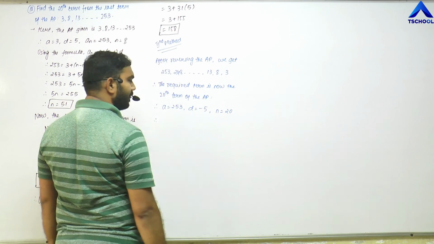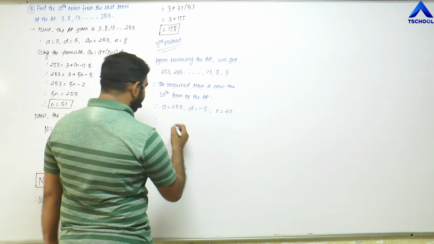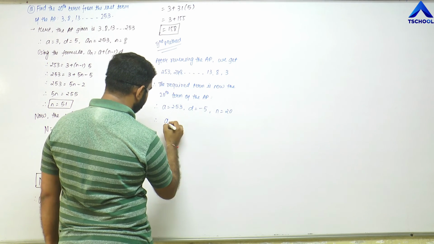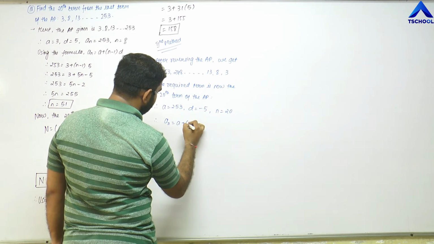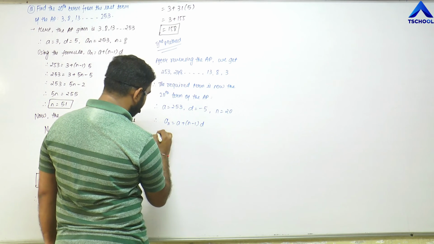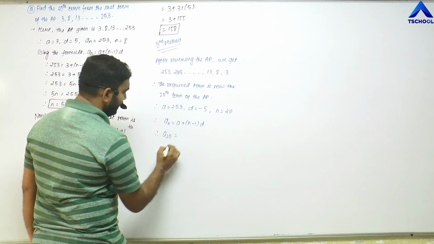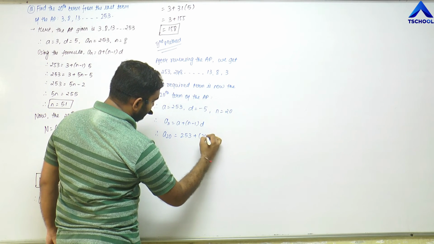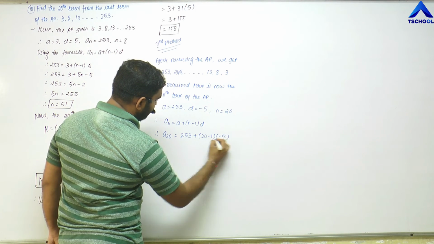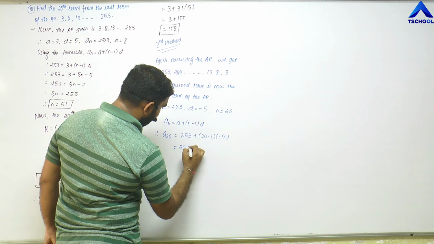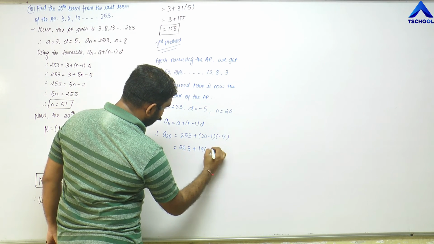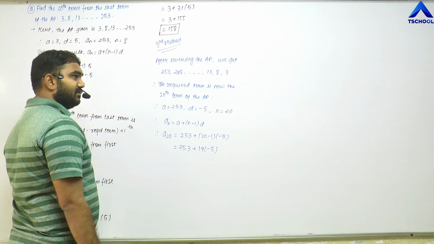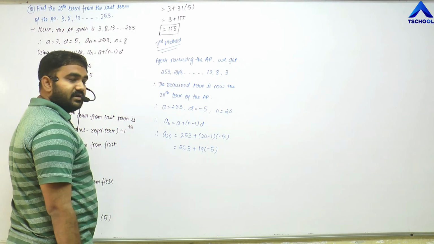Therefore A20 or AN is equal to A plus N minus 1 into D. Therefore A20 is equal to 253 plus 20 minus 1 into minus 5, that is 253 plus 19 into minus 5. 19 into minus 5 is 95, yes or no?